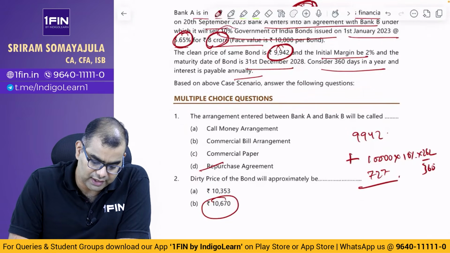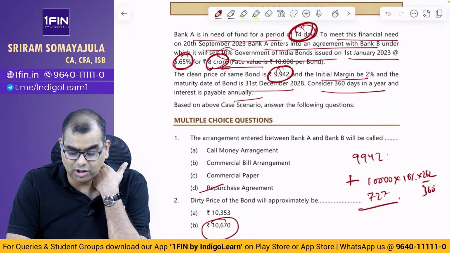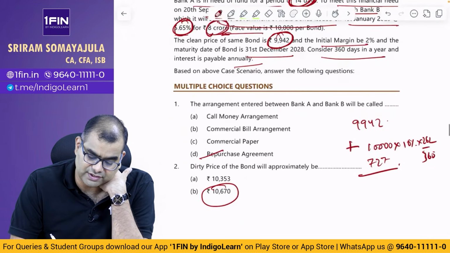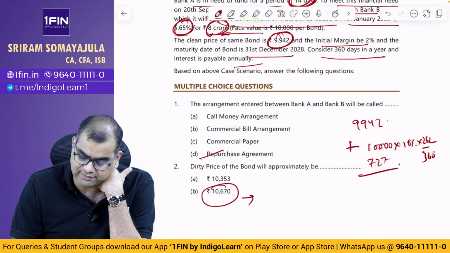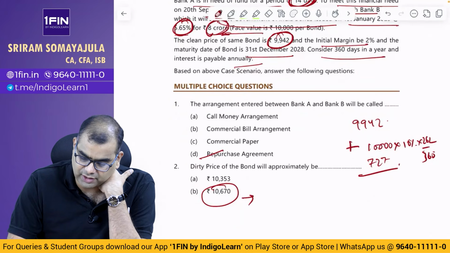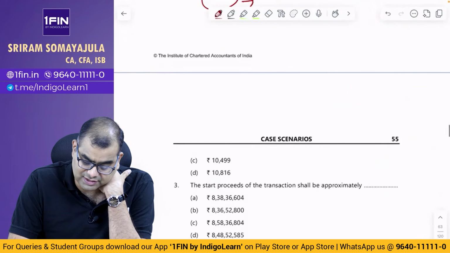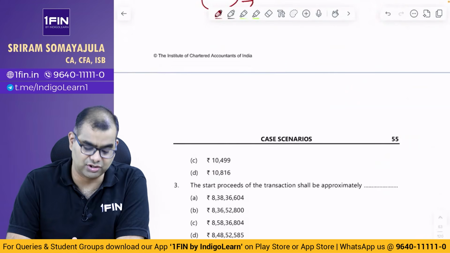Now the loan value is not clearly defined here. 8 crores is the face value of the bonds that you are borrowing. What is the price? 10,670. So 8 crores into 1.067, you get 85360. So 8536 is the start, but then you also have this initial margin concept.